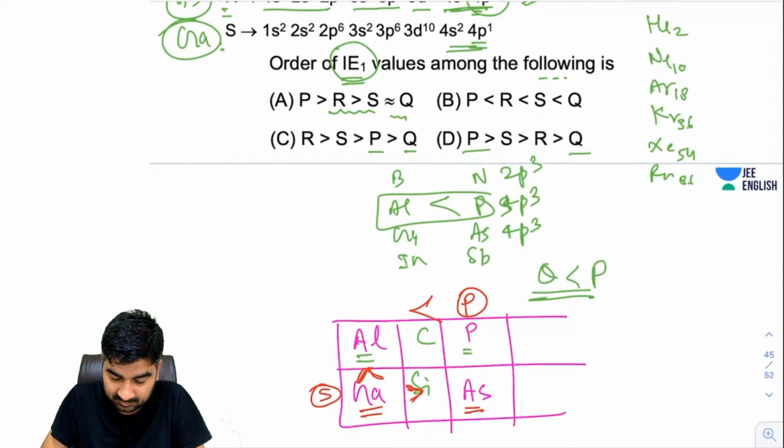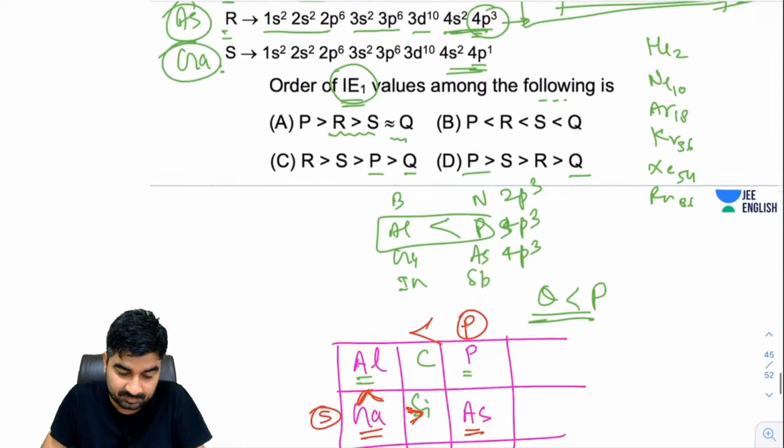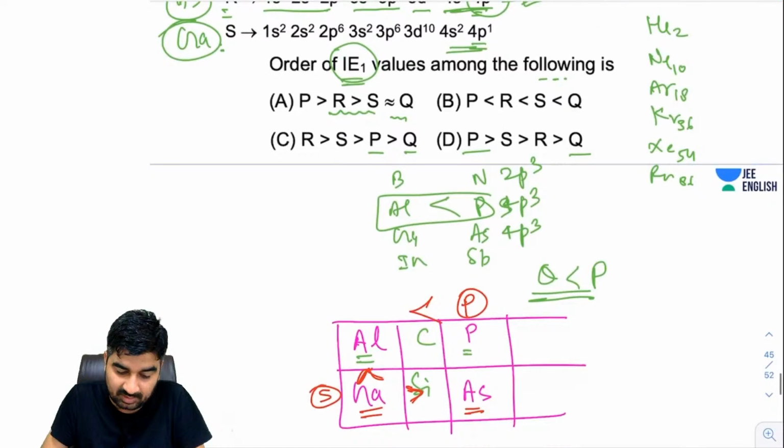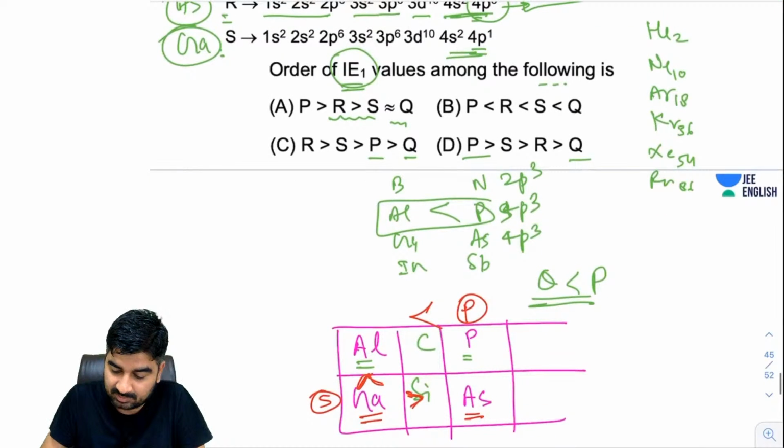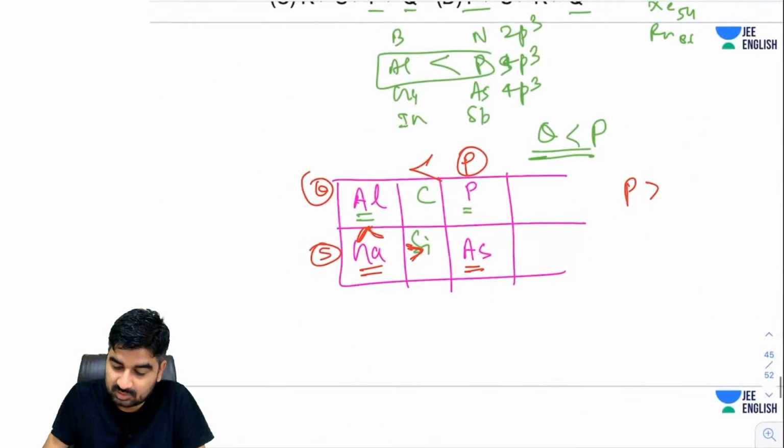Ga. So now what will happen? R will have less, so P will have maximum, and what will have least? This is Q. So it will have least.